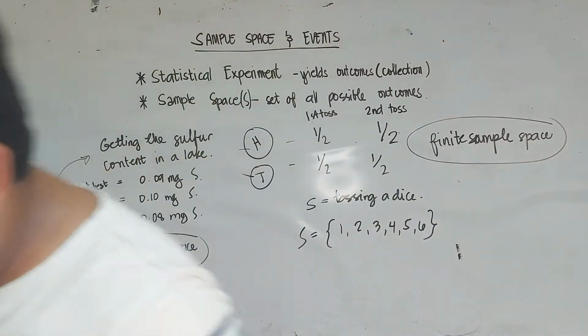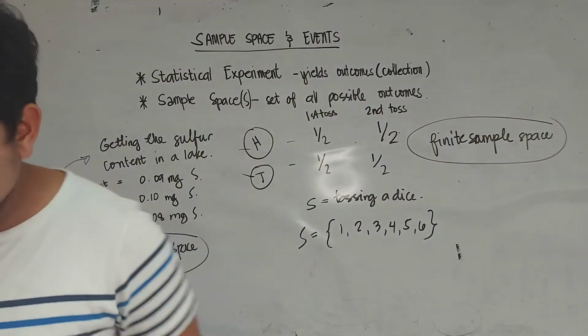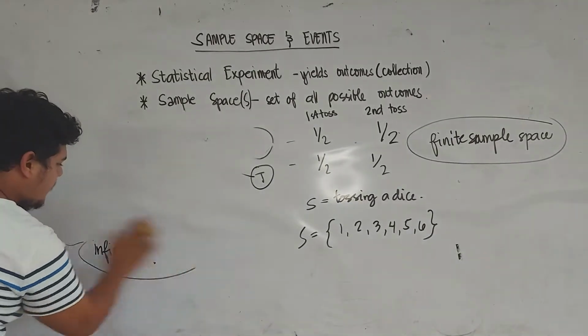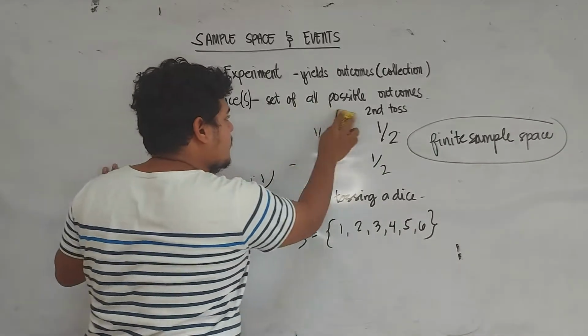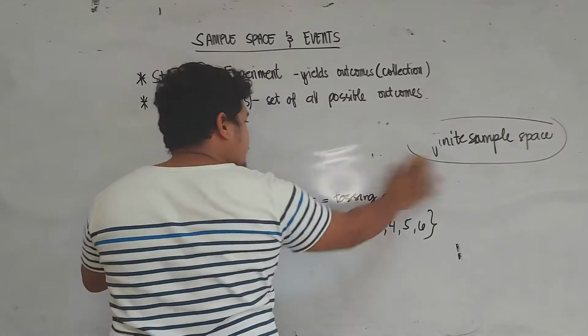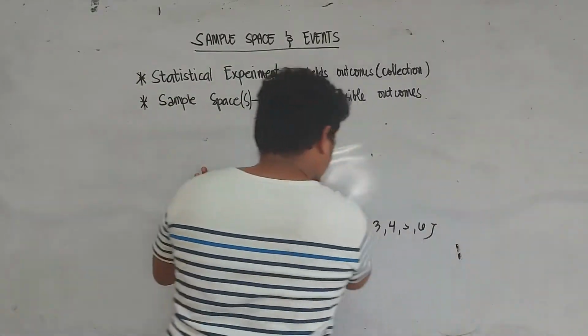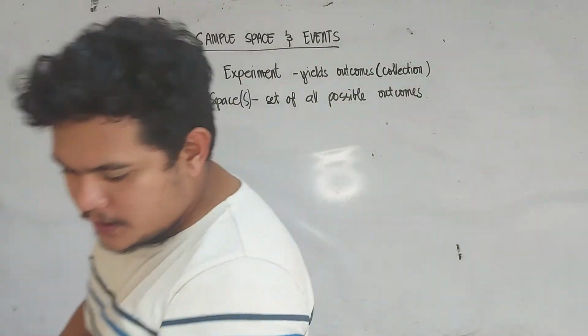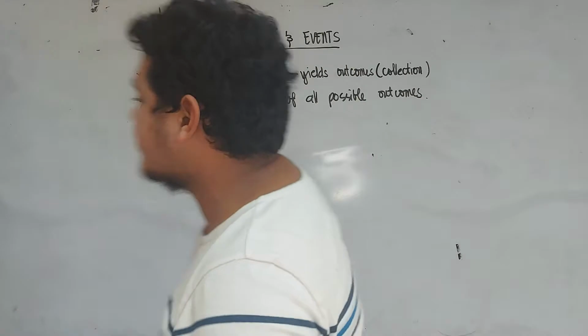Okay, the next term that we're going to understand is the term element. What do you mean by element? It is not water, earth, fire, or air. The third term that we are to identify is the element or the sample point.